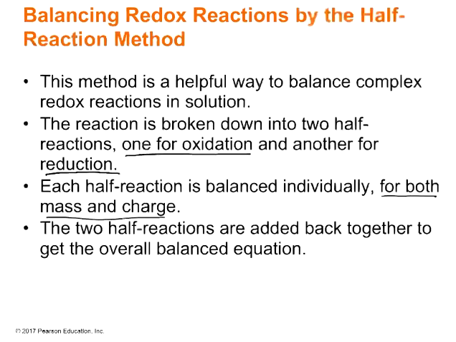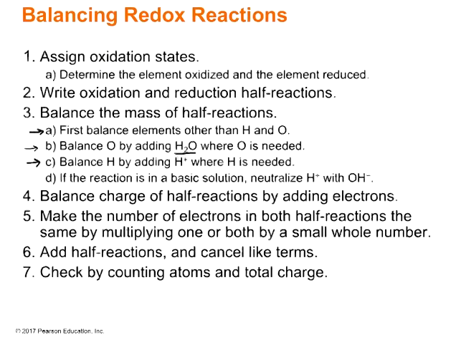And then if the reaction is in a basic solution, we have to neutralize the hydrogen ions with hydroxide ions. So this is something that's pretty complex, and we'll go over a few examples to demonstrate what this means, because right now I'm sure it's a little abstract.